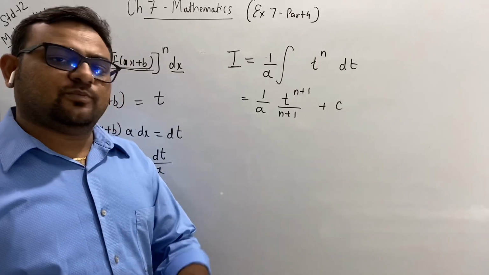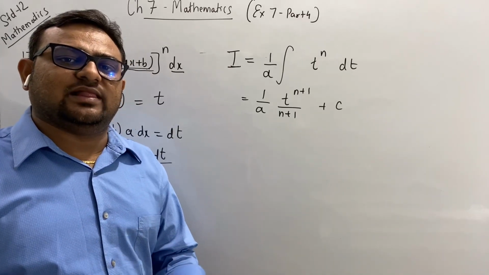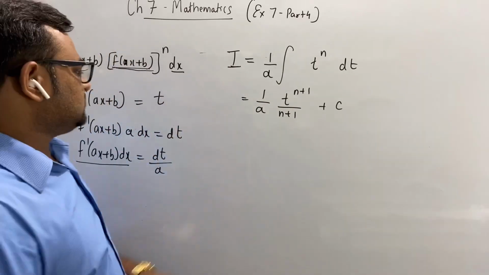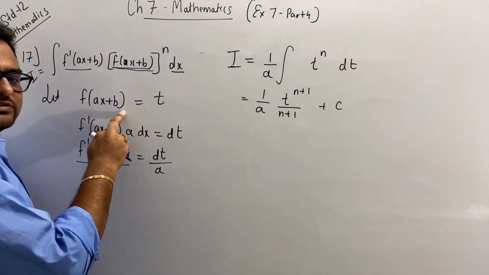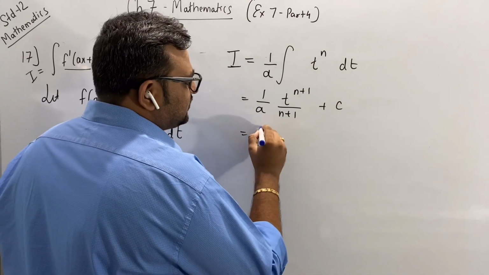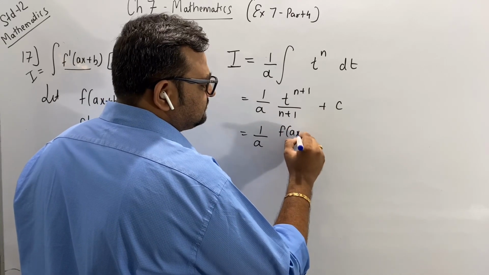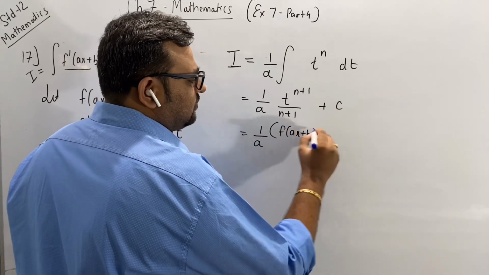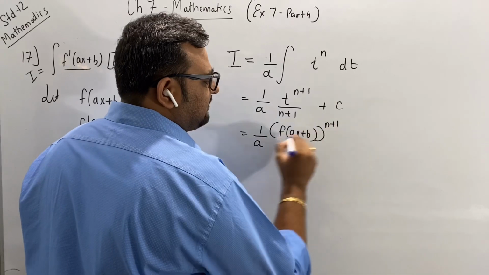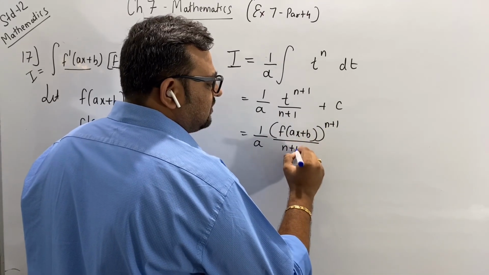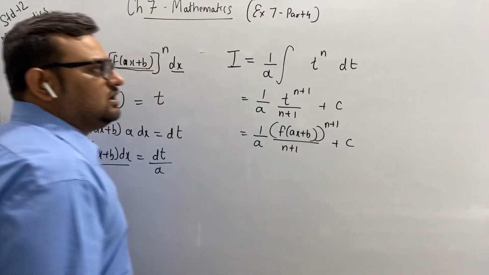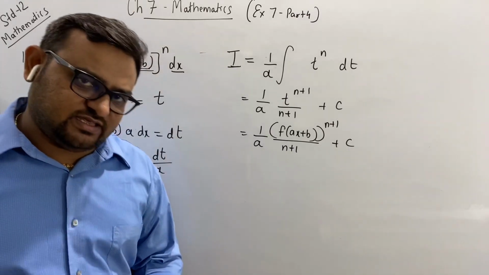Now just put down the value of t. So what is the value of t? f of ax plus b. So this will be equal to 1 by a, f of ax plus b whole raised to n plus 1 upon n plus 1, plus c.